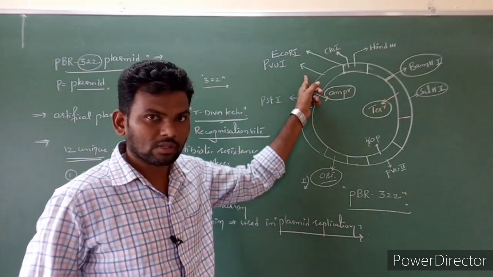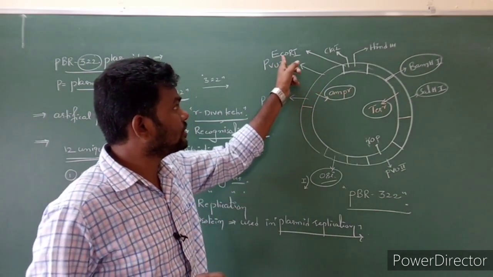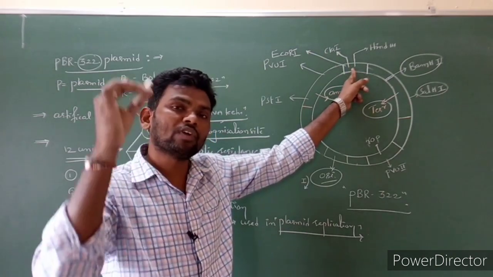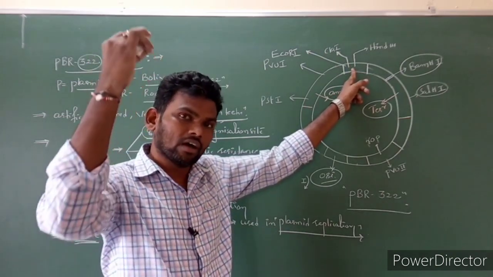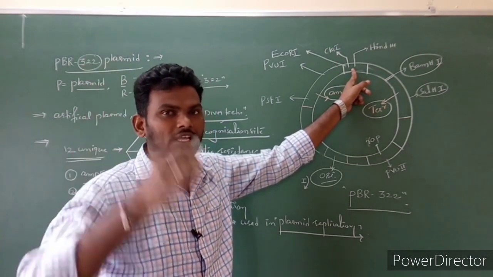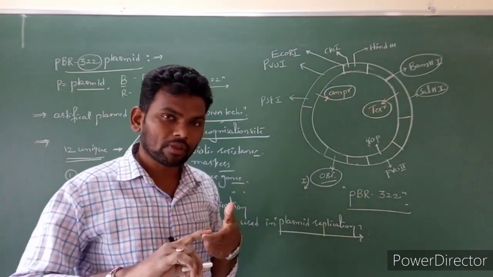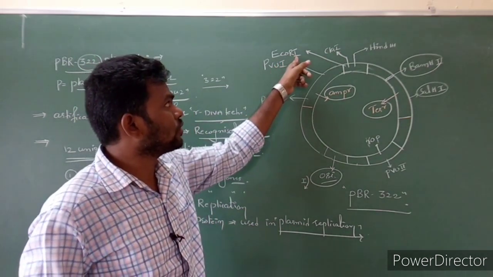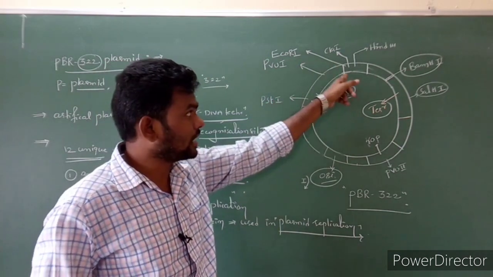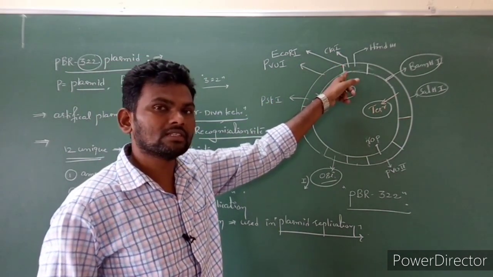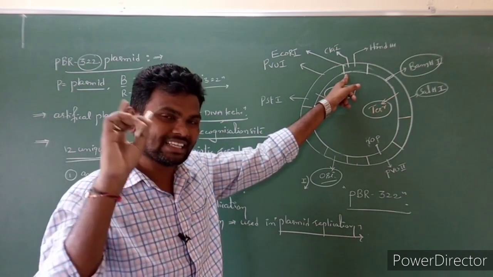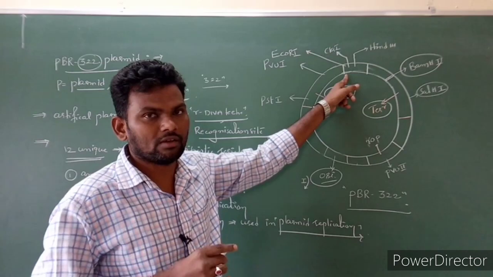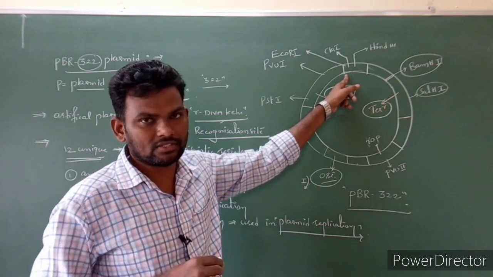What is the point? Simple. If you are using EcoRI to cut the plasmid, the same enzyme you have to use to cut the desired gene. Then it is very easy to stick them with the help of ligase enzyme. Okay. Chalo.